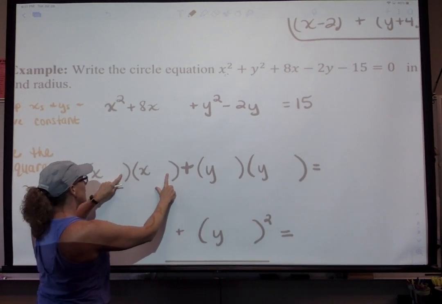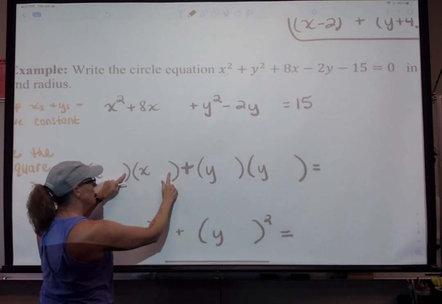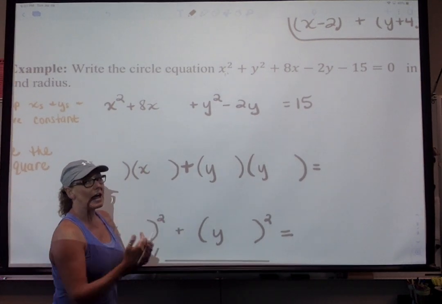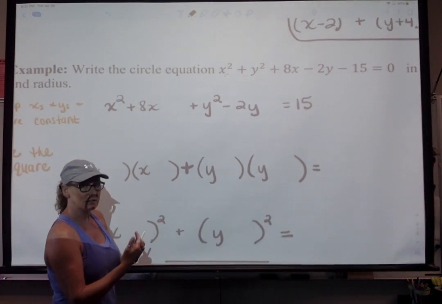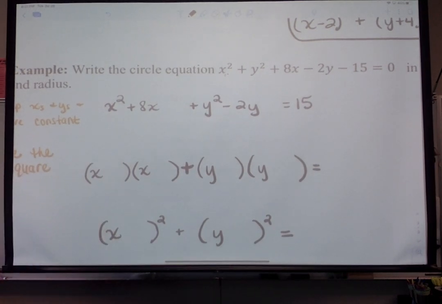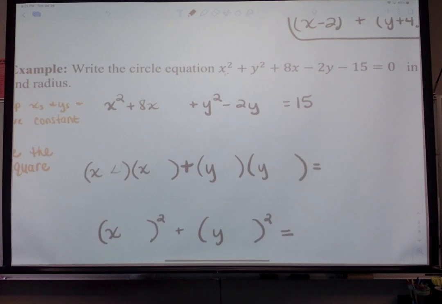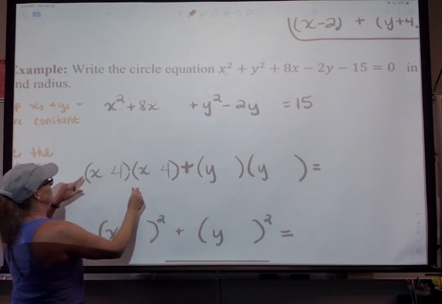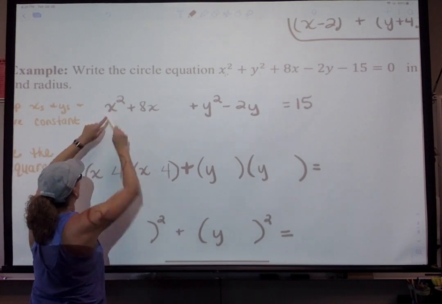But wait, these have to be identical. So what do you think these numbers have to be so that I do outer and inner and add them to get 8? I think they have to be 4s, don't they? So really lightly, I think that has to be a 4 and that has to be a 4, don't you? Let's check. First, x squared.